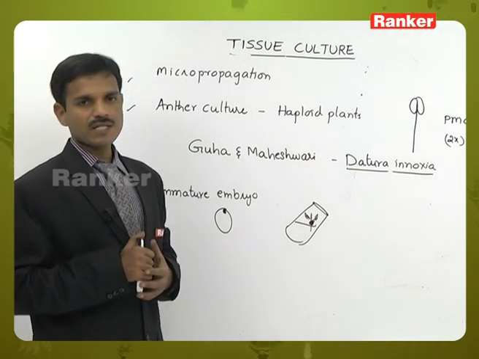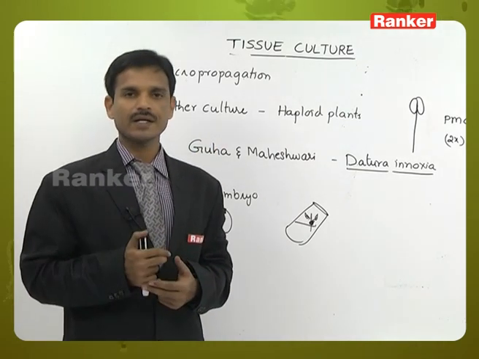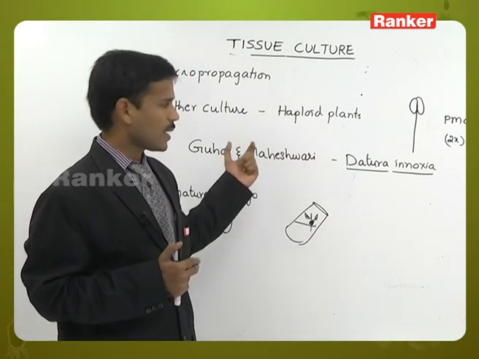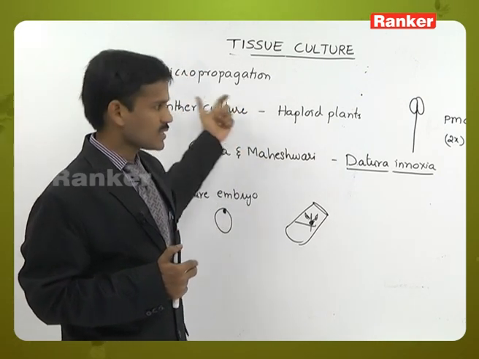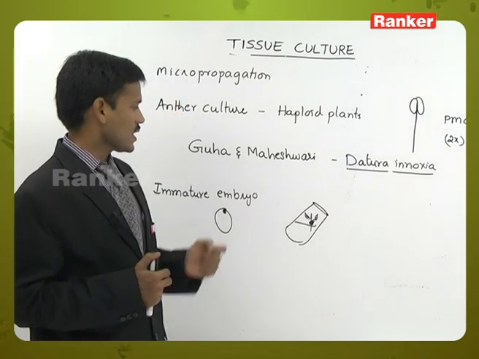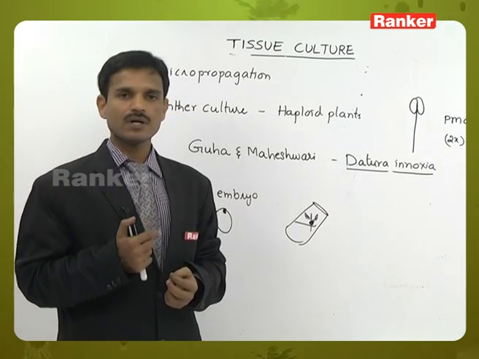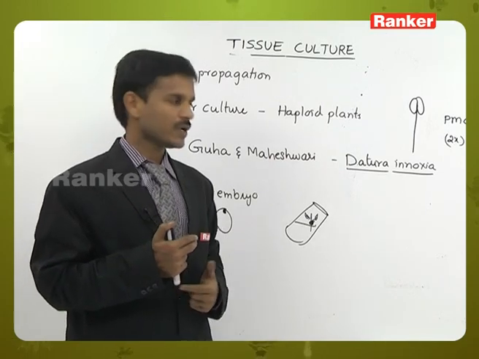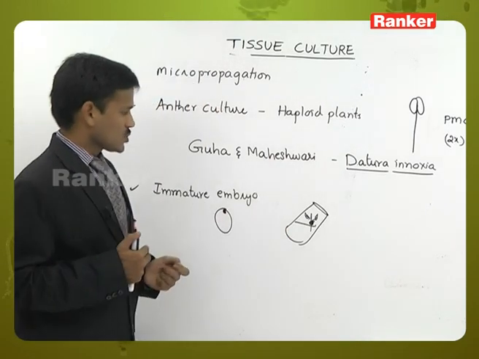And haploid plants too. In plant breeding techniques, some haploid plants are used. The haploid plants are developed by anther culture. Sometimes immature embryos also can be developed in tissue culture.